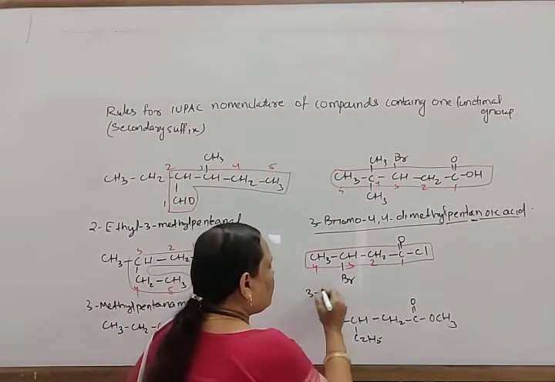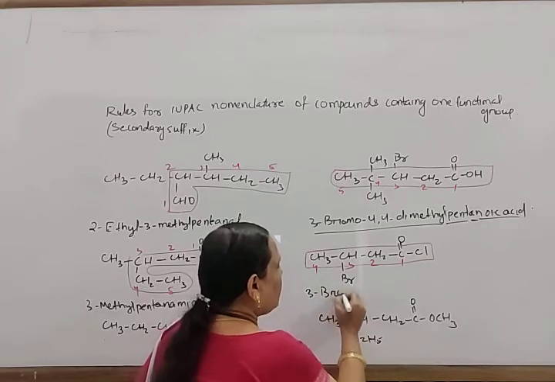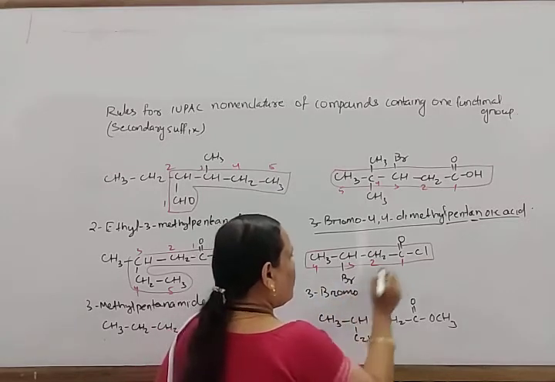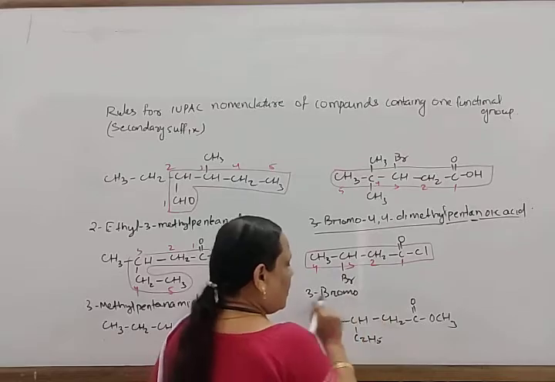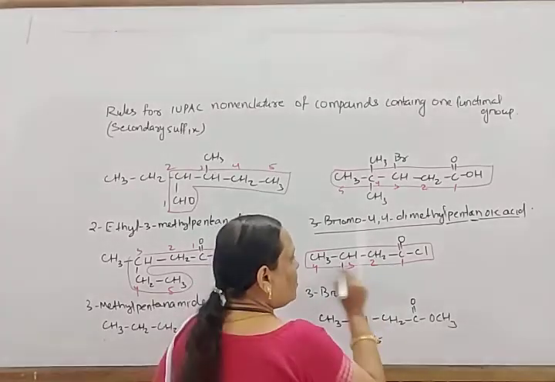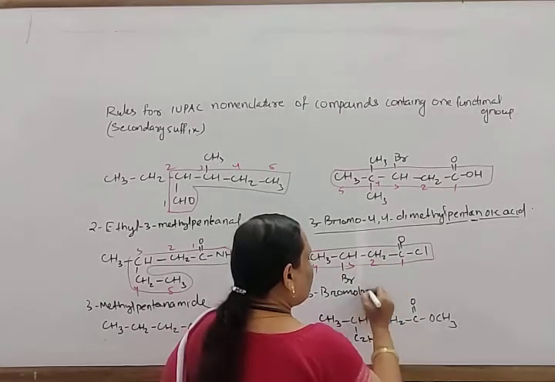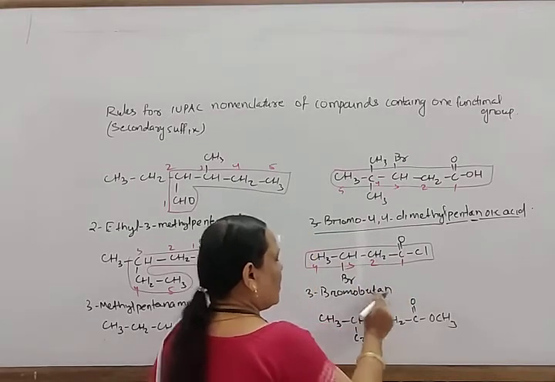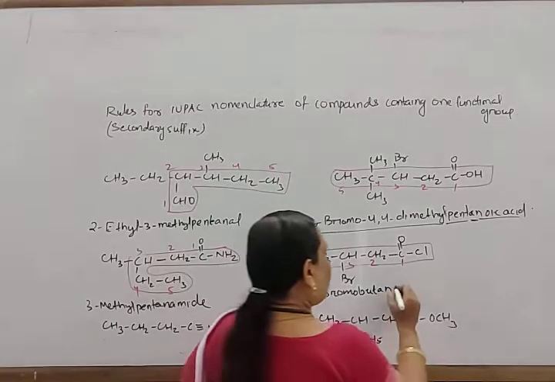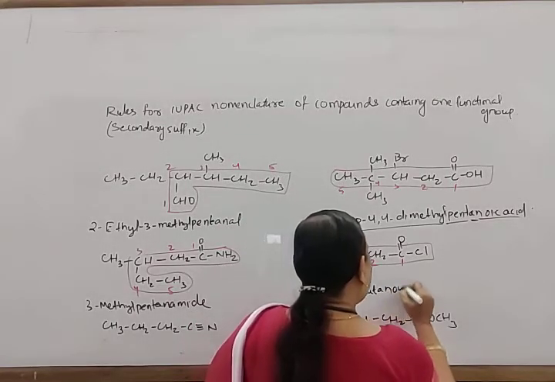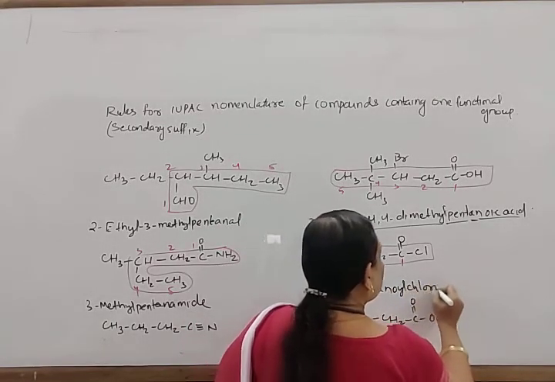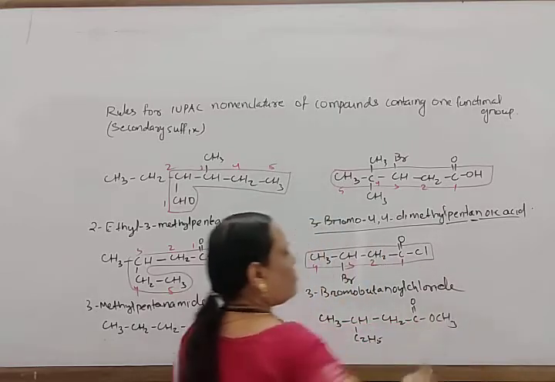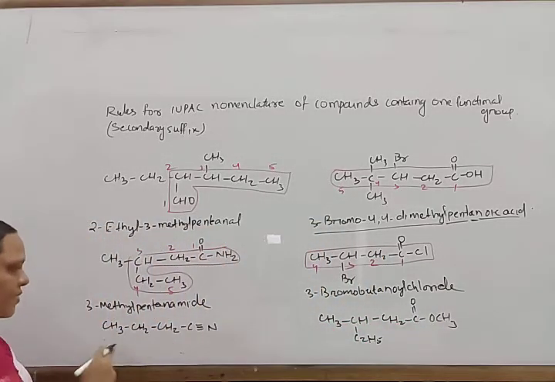So the name of this compound: 3-bromo prefix, then word root but, and an linking is there, butane, 3-bromo butane, then oyl chloride, butanoyl chloride.